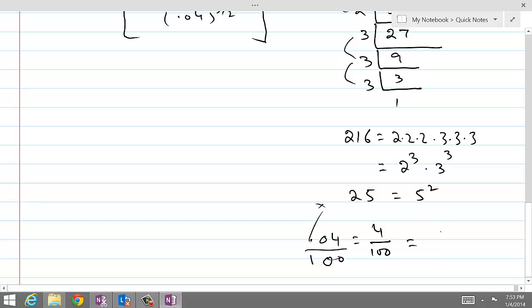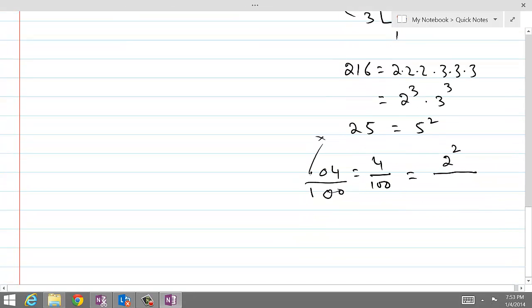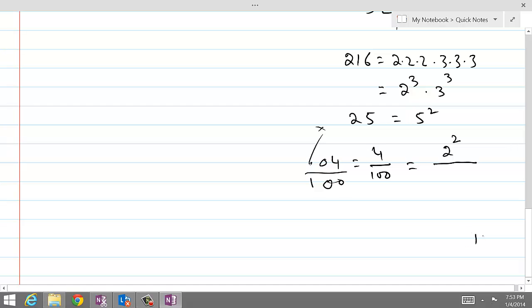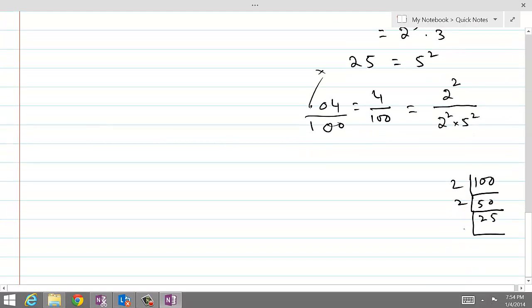And if we write it in similar exponential form, 4 is 2 power 2, and 100, if we do the prime factorization of 100, that would be 2 times 50, 2 times 25, and this will be 2 power 2 times 5 power 2, because 25 is further 5 times 5, 5 times 1.